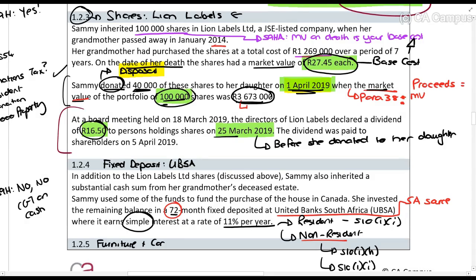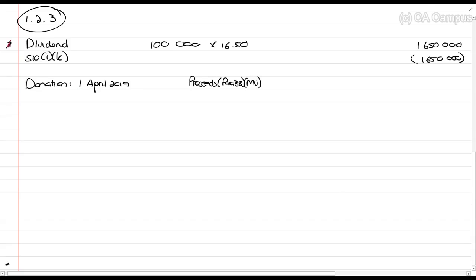So she is treated as if she sold 40 out of 100,000. So 3673 times 40,000 over 100,000. So 40%, as you can see, 1,469,200.